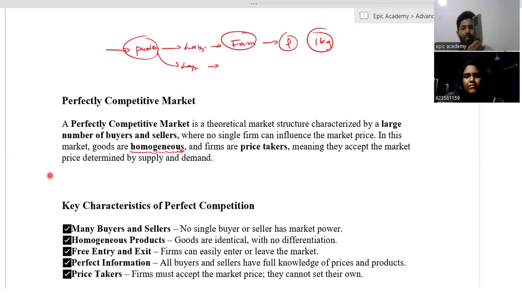By looking at the mobile phone, you can identify the producer, isn't it? That's the meaning of a heterogeneous product. By looking at the mobile phone, you can identify that it was produced by Motorola. That means by looking at the production, you can identify the producers, where it is located, each and everything.